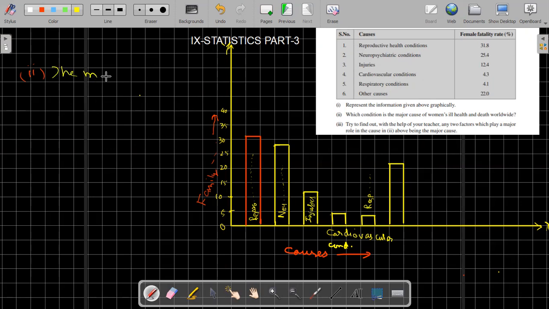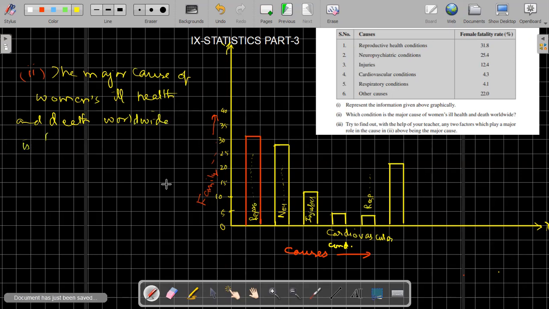Second, the answer: the major cause of women's ill health and death worldwide is reproductive health conditions.